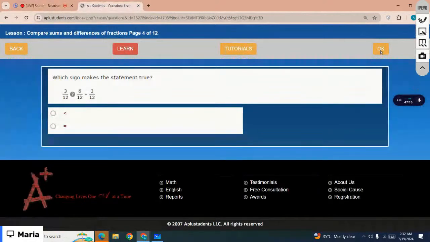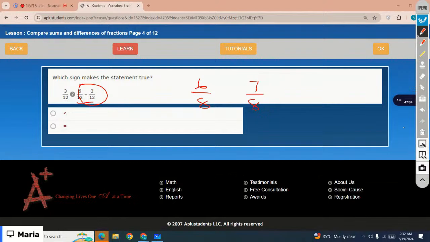Okay, which sign makes the statement true? 3 by 12, we have to compare it to 6 by 12 minus 3 by 12. So which is the correct option? You have to subtract. So 6 minus 3 is 3, that is 3 over 12.